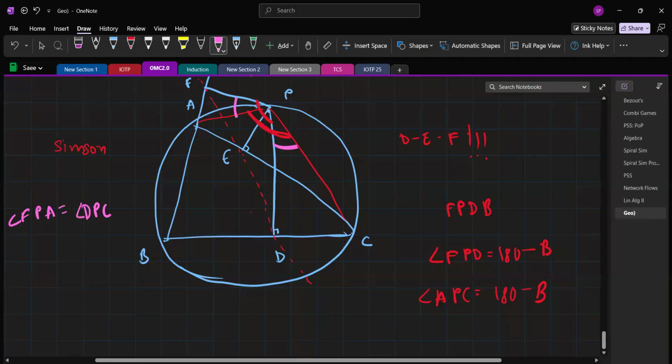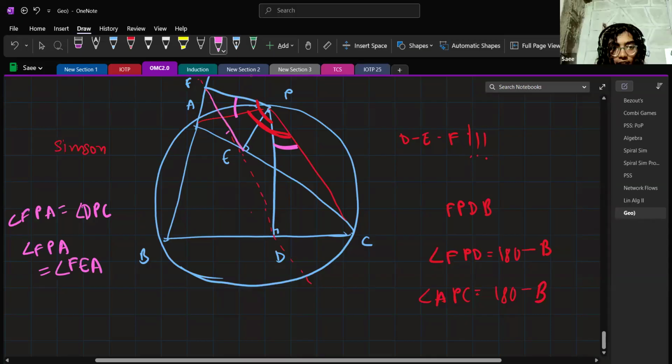And as FPEA is a cyclic quadrilateral, angle FPA is equal to angle FEA, and for similar cyclic quadrilateral DEPC, we have angle DPC is equal to DEC.